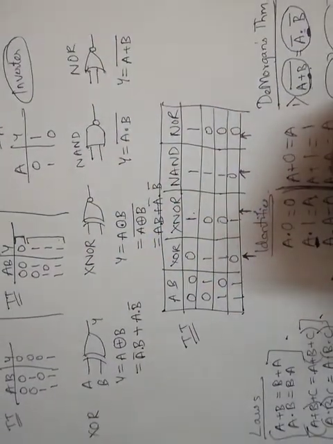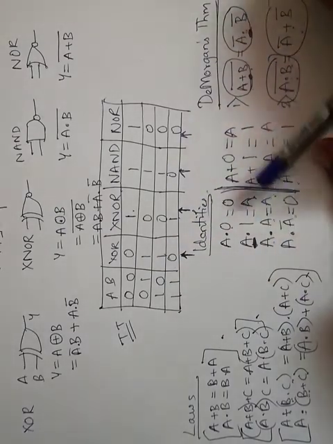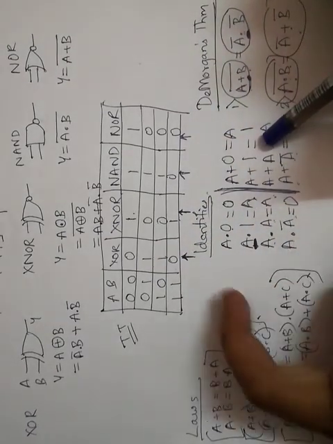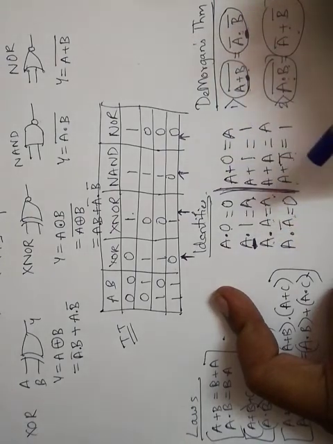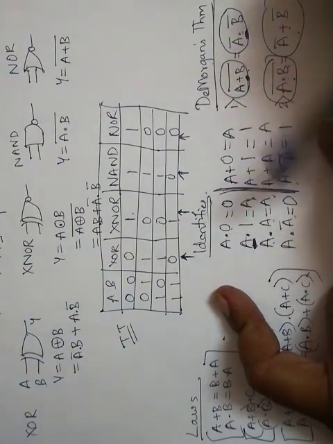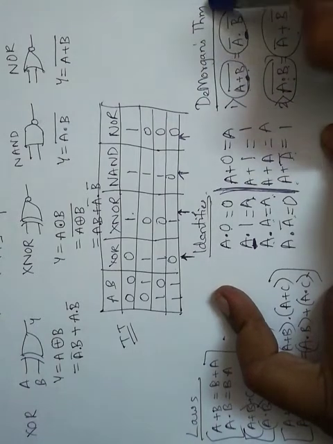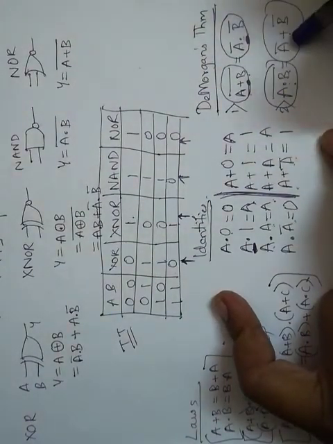You have to remember all the operating parts. We have three different rules: commutative, associative, distributive. Identities, these are the rules which tell what has to be done if we have a single variable. I have taken A, you can take any other variable. De Morgan's theorem, we have two important theorems.